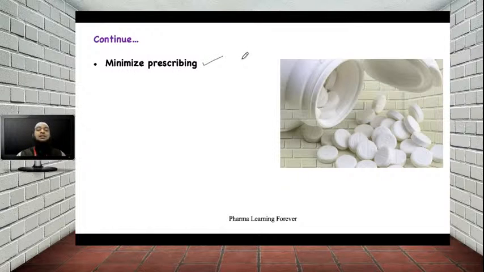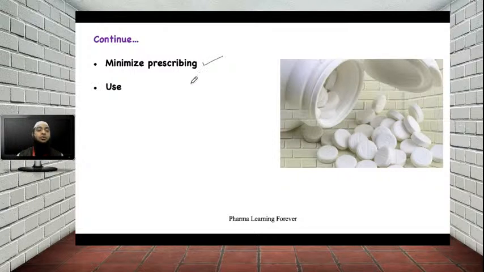Minimizing prescribing is one of the best ways in the case of pregnancy. Whichever drugs are very essential can be given to the mother. All those non-essential drugs which are not mandatory during the 9 months of pregnancy must be avoided to avoid any bad effect on the fetus. Okay, so minimizing prescribing could be a good option, but it is not always a practical option.